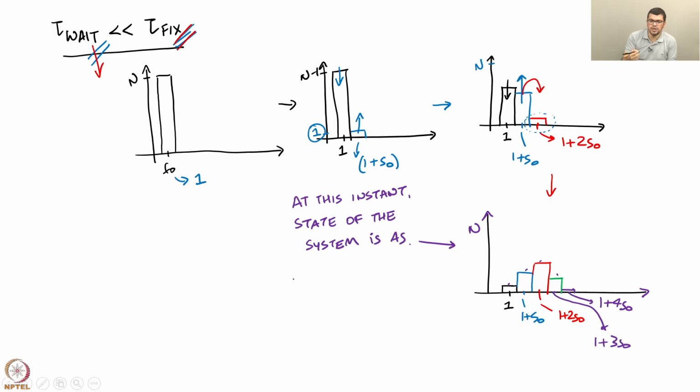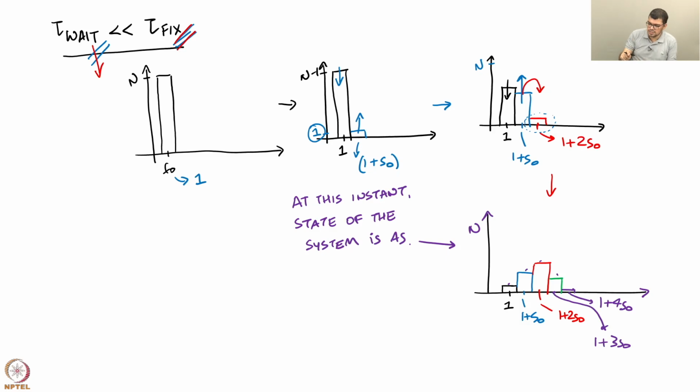How will you calculate, at this instant, because the picture is very dynamic, that in a little bit of time the black bar might go extinct and another newer genotype which has a fitness of 1 plus 5 s naught might come up in the population?